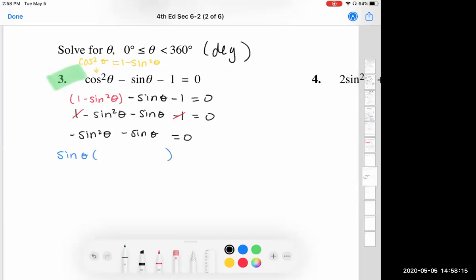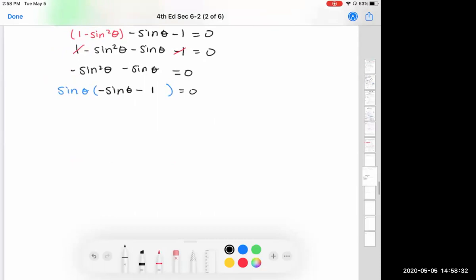Well, sine squared divided by sine will just leave a negative sine theta, and we'll have a minus 1. Sine divided by sine gives us 1, equals 0. Let's set each one equal to 0, so that I have sine theta is equal to 0, and negative sine theta minus 1 is equal to 0. We're going to solve for each one separately.